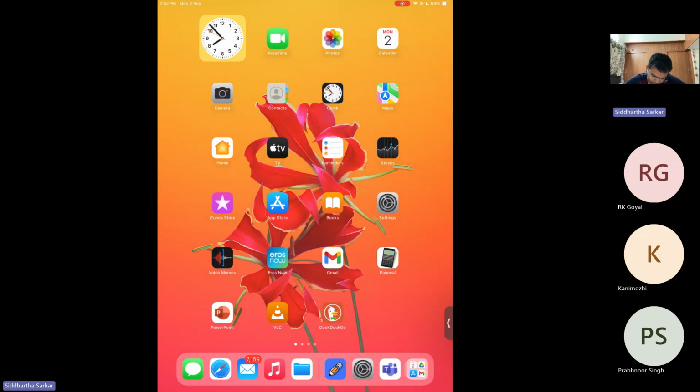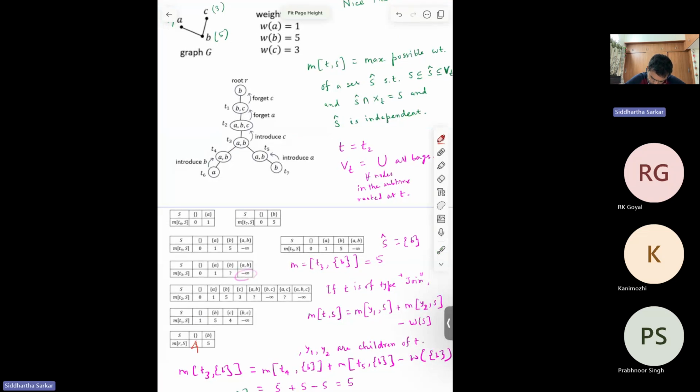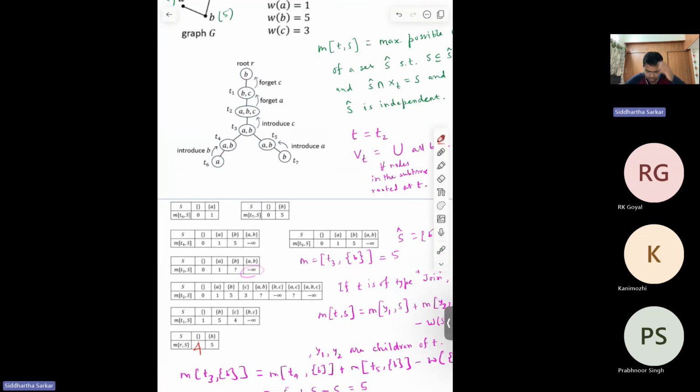So let's write it down. This value is found to be four. So at the root level, the computed values are 4 and 5. So that is why the value 5 is taken, and that is the maximum weight independent set.